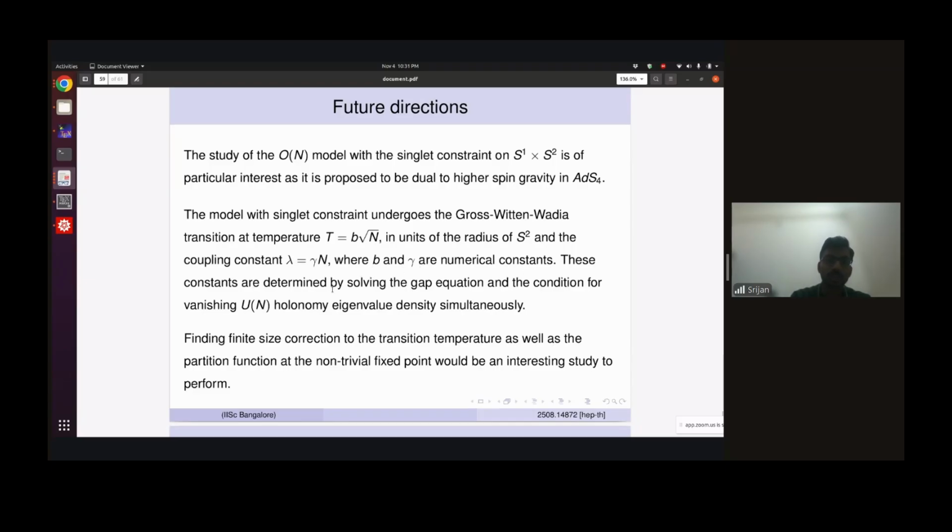These constants are determined by solving the gap equation, as well as the condition for vanishing holonomy eigenvalue density simultaneously, and then it will be an interesting study to find the finite size correction to this transition temperature, as well as the partition function at the non-trivial fixed point of this model with the singlet constraint.